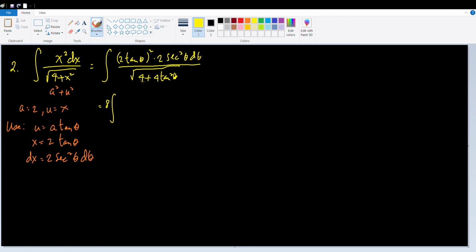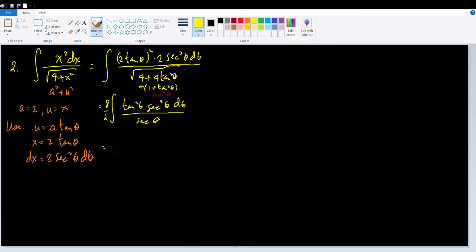In the radical, we can factor 4. It will be 1 plus tangent squared theta, and the square root of 4 is 2. So that is equivalent to 1/2. The numerator, we have tangent squared theta and secant squared theta d theta, all over 1 plus tangent squared theta, which is secant squared theta, and the square root is secant theta.